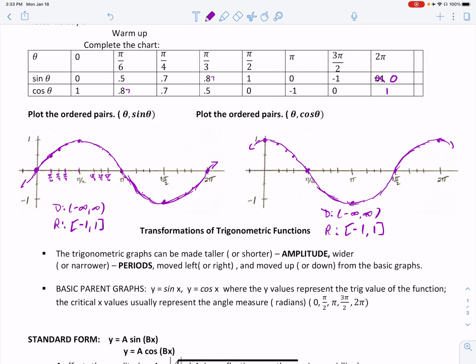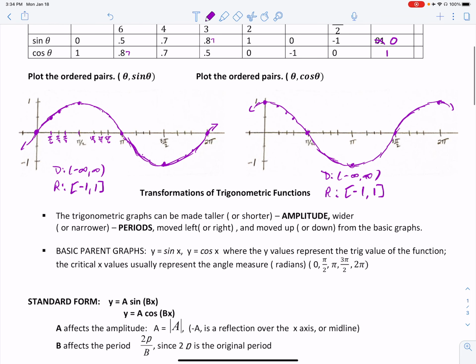And so you're going to want to memorize those parent functions for sine and cosine and know those values. And something we're going to be doing is we can make the graphs taller or shorter by changing the amplitude. We can also multiply by a negative value, which will reflect it over the x-axis.